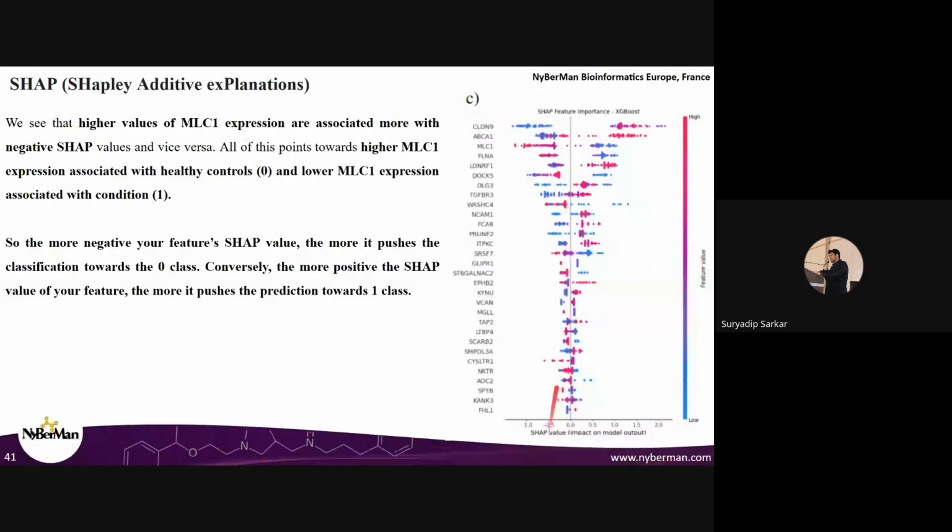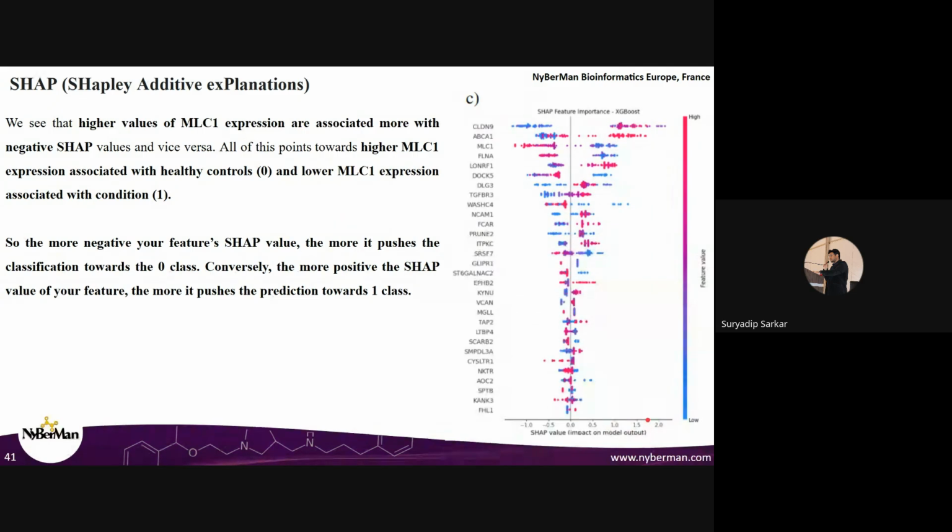So what is the SHAP value telling you? First, let us understand that a negative SHAP value is associated more with a high feature value, a high counts value or high gene expression value. So higher MLC1 expression is associated with a negative SHAP value, and lower MLC1 expression is associated with a positive SHAP value.